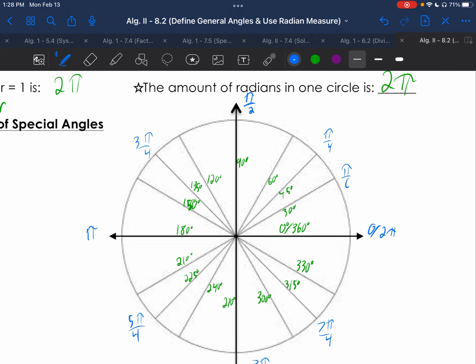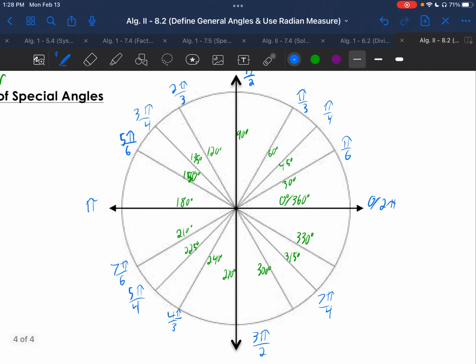So pi over 6, 2 sixths would be pi over 3, 3 sixths would be pi over 2, 4 sixths would be 2 pi over 3, and 5 pi over 6 would just be 5 sixths. Continuing on by sixths, we get 7 pi over 6, 4 pi over 3, 5 pi over 3, and 11 pi over 6.